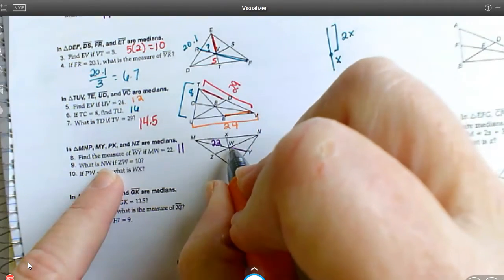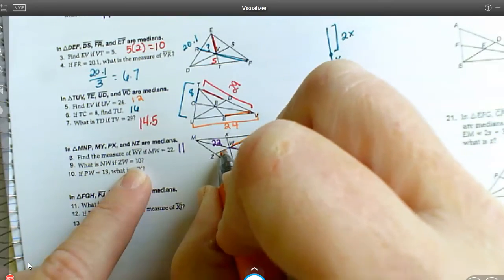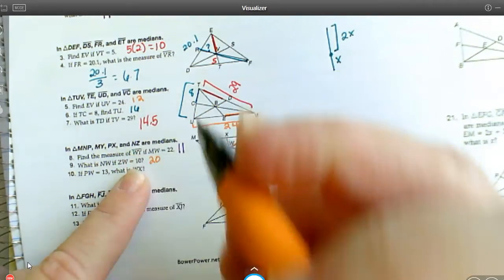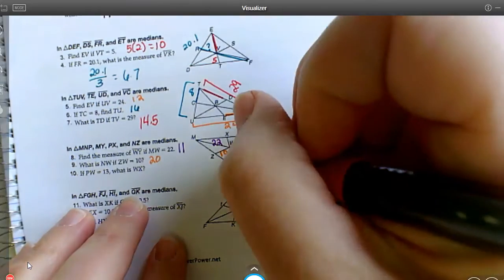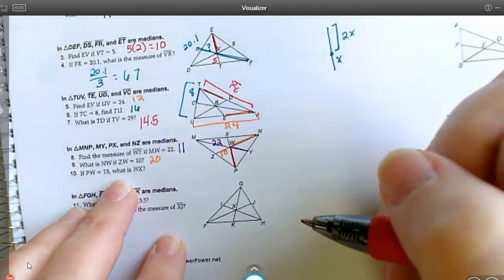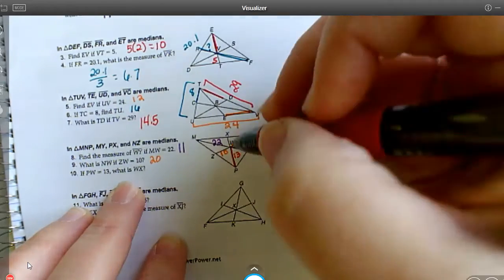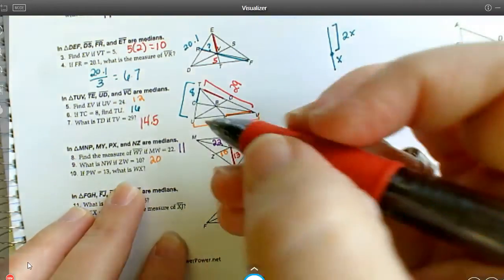Find NW if ZW is 10. Times it by 2. Find PW, or PW is 13, sorry. What is WX? Divide by 2.